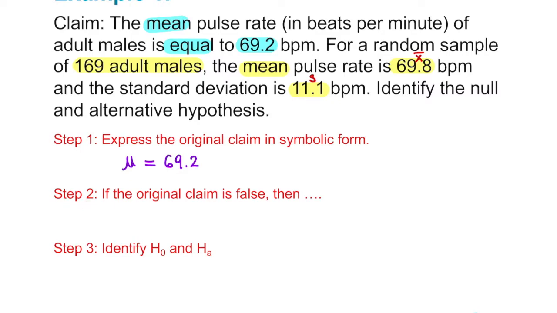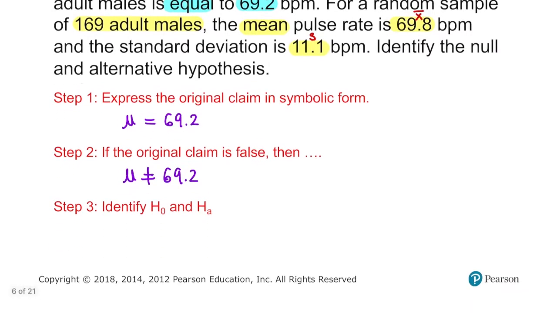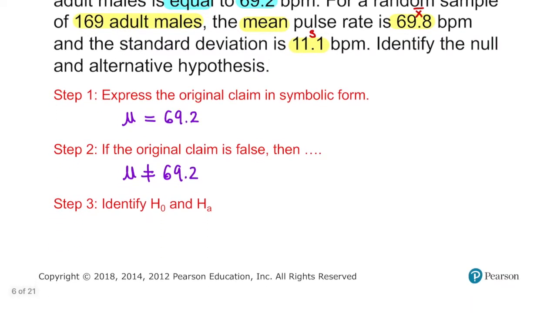Step 2. If the original claim is false, then what happens? My original claim is mu equals 69.2. What if this is false? Well, that means mu is not 69.2, right? And the last step is to identify H0 and HA.